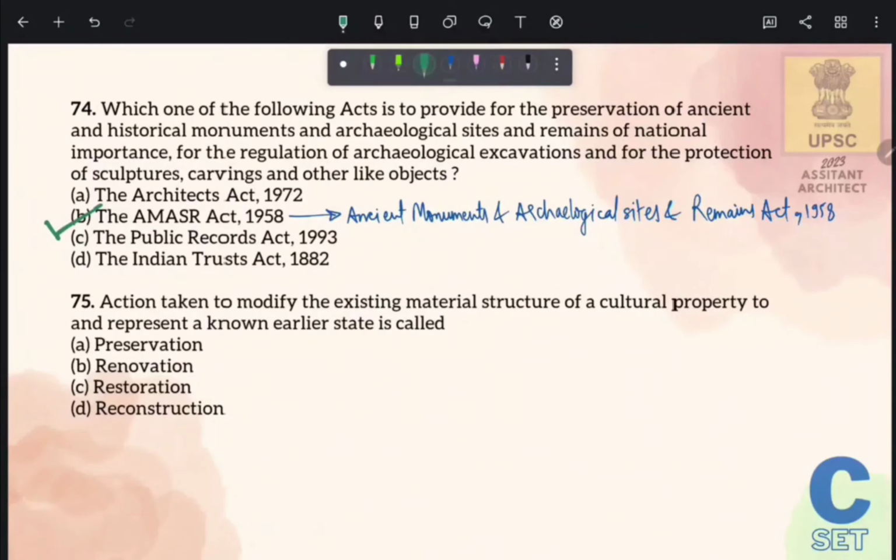Action taken to modify the existing material structure of a cultural property to represent a known earlier state is called. This action is known as restoration, in which the modification of the ruin site is based on how it was previously built, and its main purpose is to retain its old value, whereas preservation means conservation without any change.